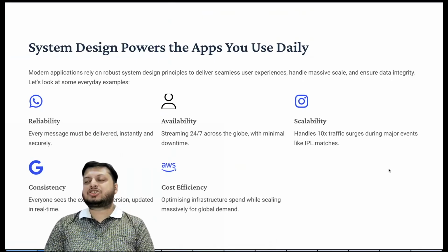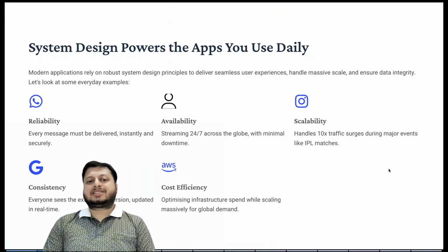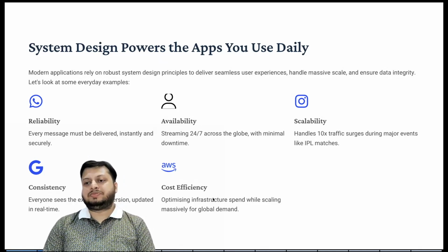System design actually powers the apps that you use daily. Let's say WhatsApp. Whatever messages are sent by someone are instantly received by the intended receiver. So that's reliability. Then you have availability.